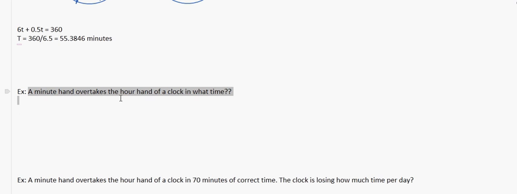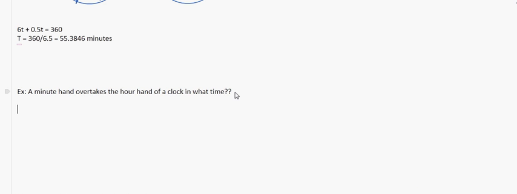So the question is, I think, slightly wrong, right? Or it is okay, we can coin it like that only, but I would coin it in easier terms. So let's say it's 12 right now. When would they again meet, right? So they would meet if the minute hand travels 360 degrees relatively, right?